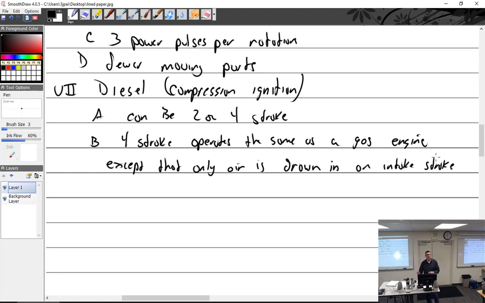It's not drawing in fuel and air, just draws in air. The diesel is injected directly into the cylinder.